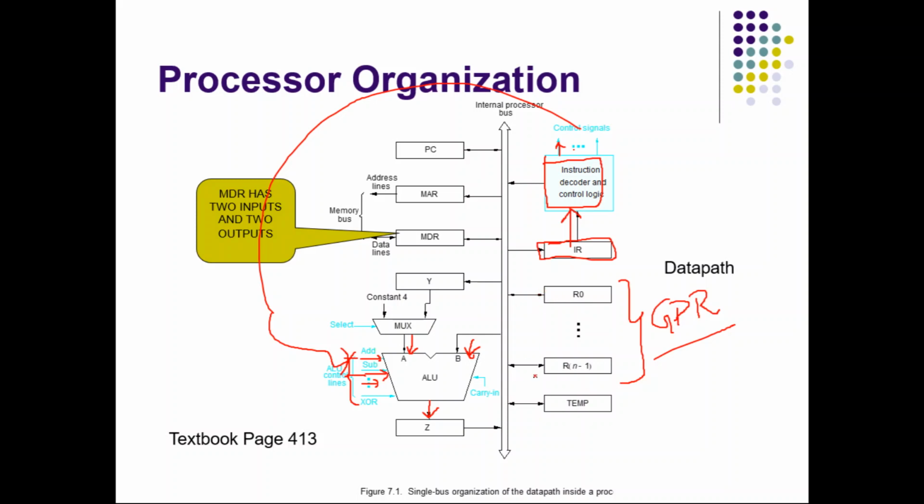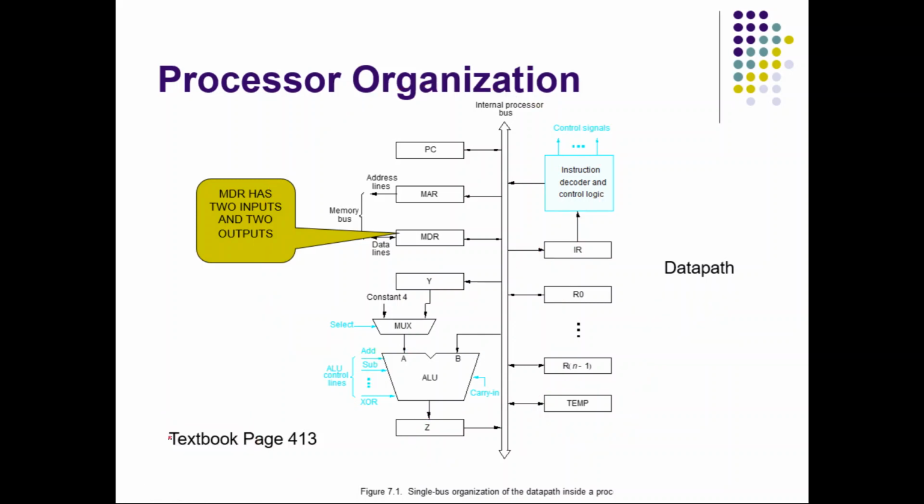All these registers are connected two ways: data can be moved from the register to the internal bus, or from the internal bus to the register. Then there is another temporary register for storing temporary results, and these registers are not available for user access. So Y, Z, and temp are all temporary registers. This diagram gave us a brief overview of the central processing unit, or basic processing unit.